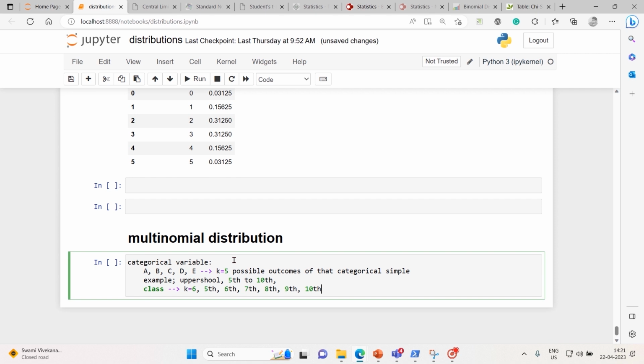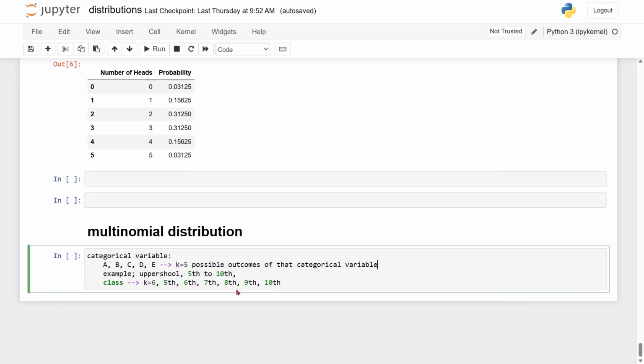This is the example of that. This is what I'm talking about. In this example you have five possible outcomes, A, B, C, D, E, of the categorical variable. That's what I mean when I say possible outcomes.